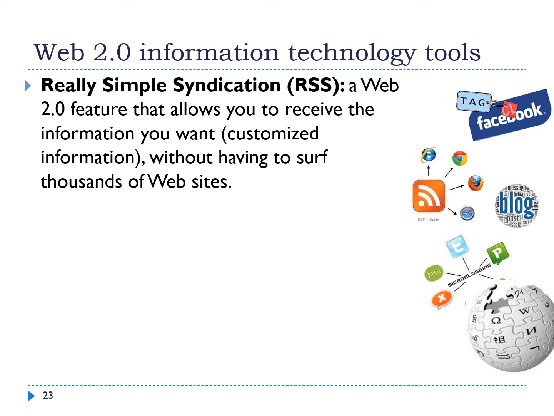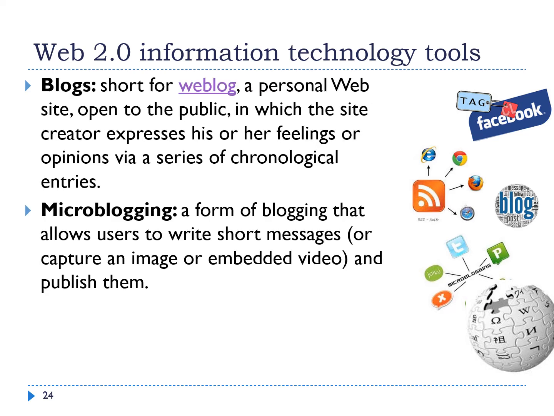Okay, next, RSS. It is a Web 2.0 feature that allows you to receive the information you want, usually customized information, without having to surf thousands of websites. Blogs and microblogging. Blog is short for web log.